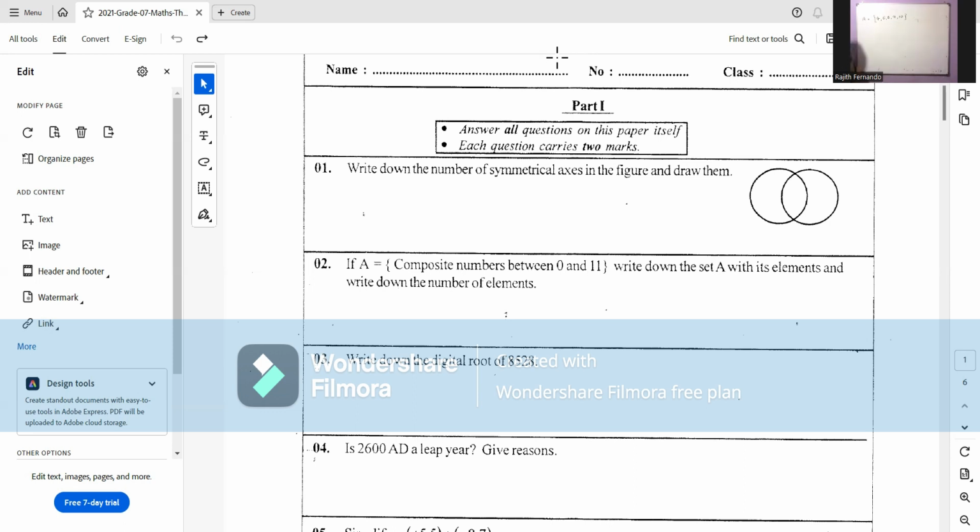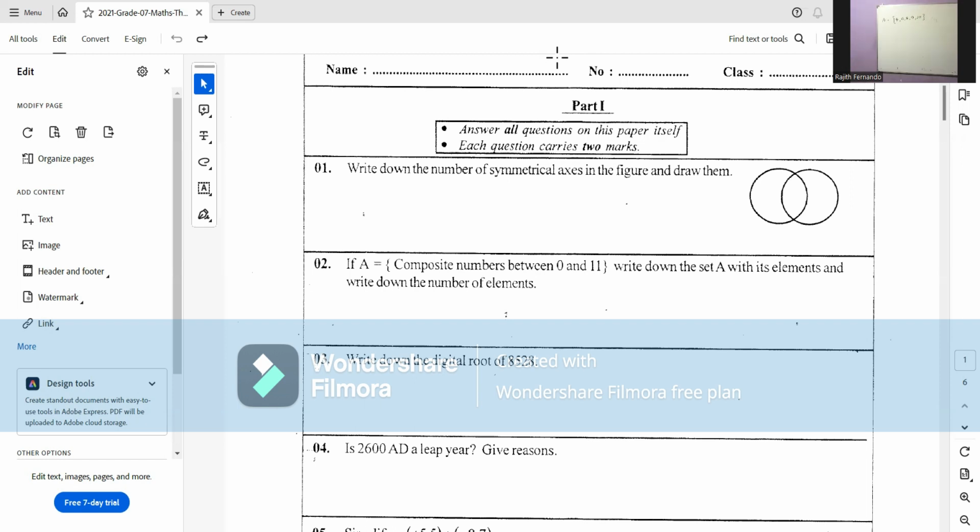Also 0 is not a composite number, and 1 is also not a composite number, because 1 is a number that we can't create by any other two numbers, and 2 is also not a composite number. Then these are the composite numbers. You have to write it likewise. That is the way you have to write it.